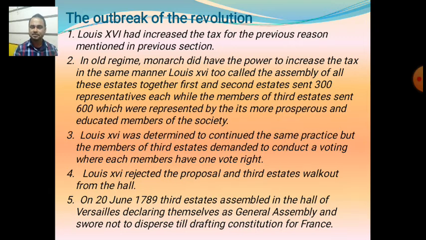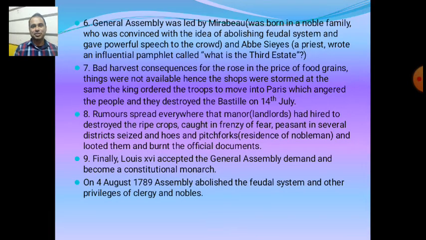Ultimately these third state people walked out of the hall and assembled, declaring themselves the General Assembly. They took an oath that until they drafted the constitution for France, they were not going to disperse. And this is the beginning of the French Revolution.